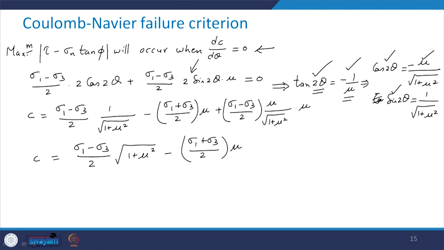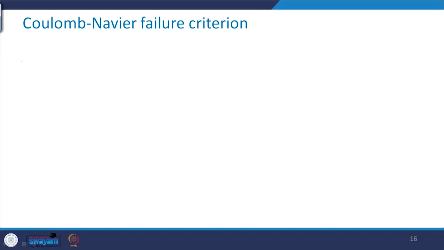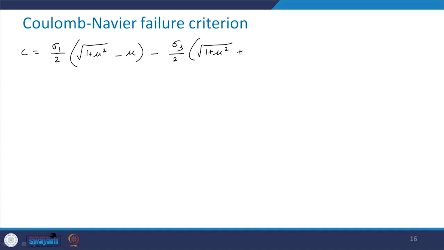Substitute these quantities in the earlier expression and you will get this expression for C, and in the simplified version, or in other terms, this can also be written as C is equal to sigma 1 upon 2 into (square root of 1 plus mu square minus mu) minus sigma 3 upon 2 into (square root of 1 plus mu square plus mu).